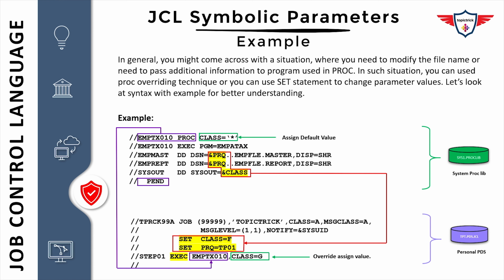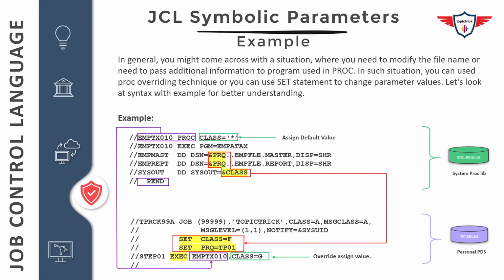And similarly, if you see step 01 in the JCL, I've used the class value as G. So the value that I've assigned with the help of the set statement will be overridden by the value that I've specified at the exec statement, right? So this is how you can use symbolic parameters in your proc and your JCLs.